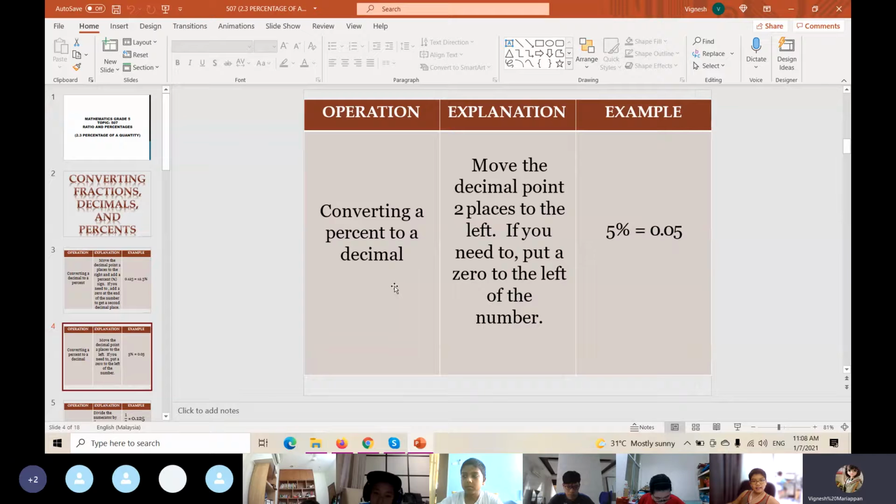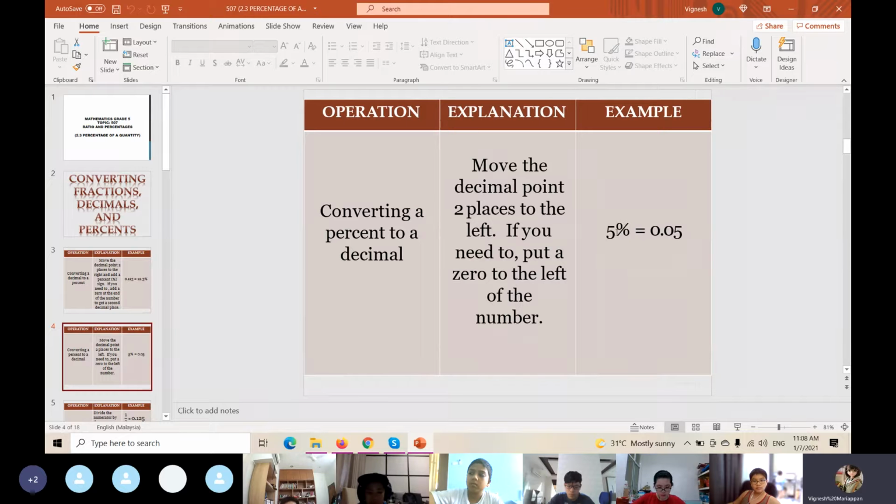When you convert a percent to a decimal, you move 2 decimal places to your left. If you need, you have to put the 0 in front.